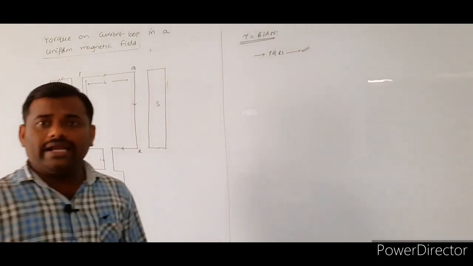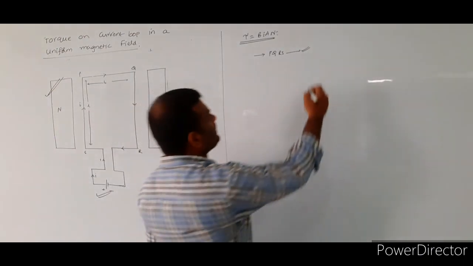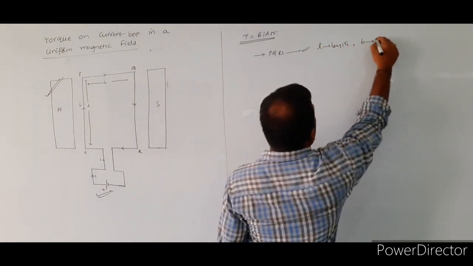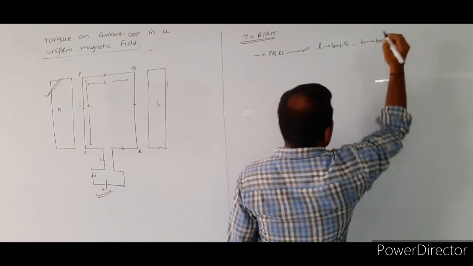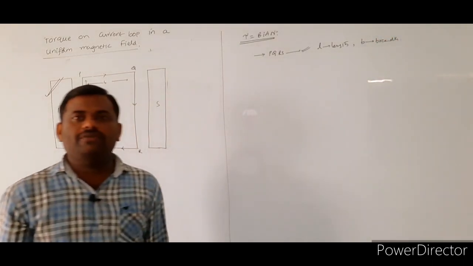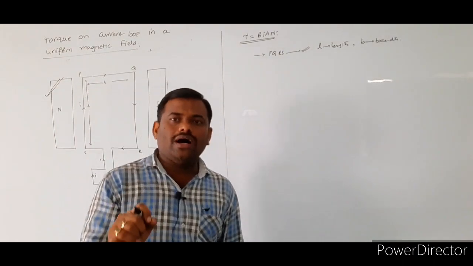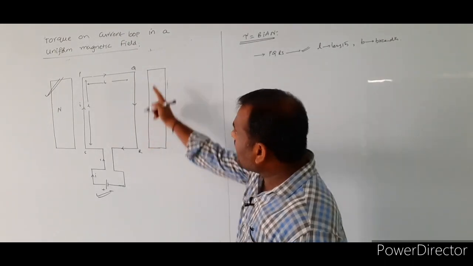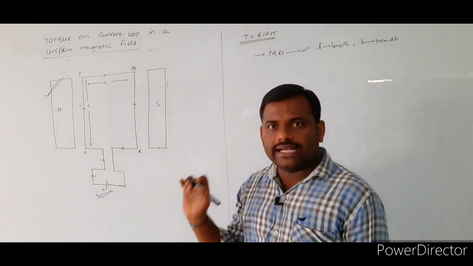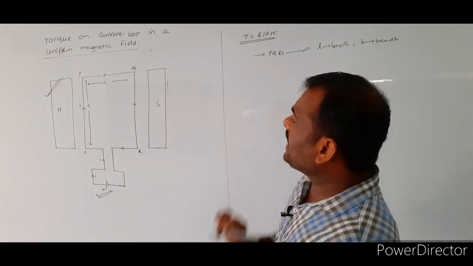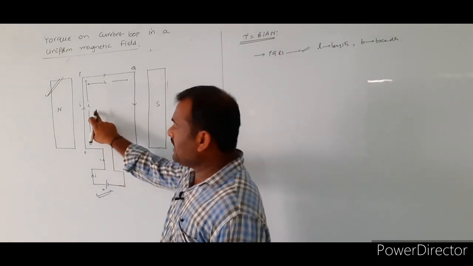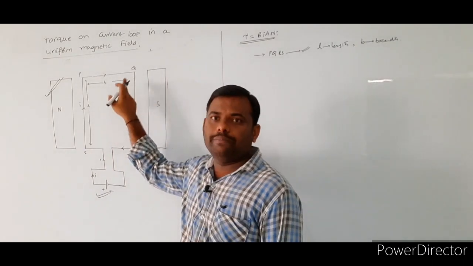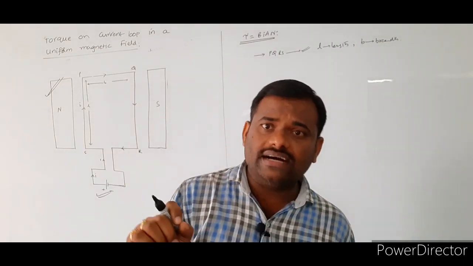PQRS is the rectangular current carrying loop, and here L indicates the length of the coil and B indicates the breadth of the coil.